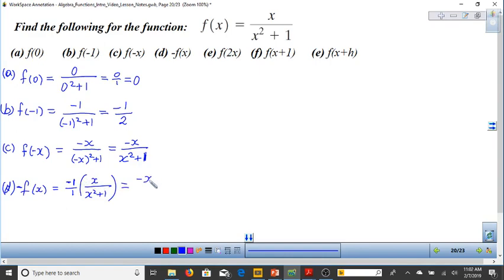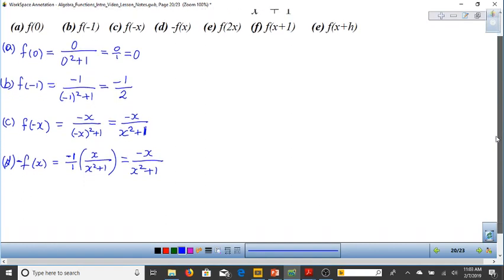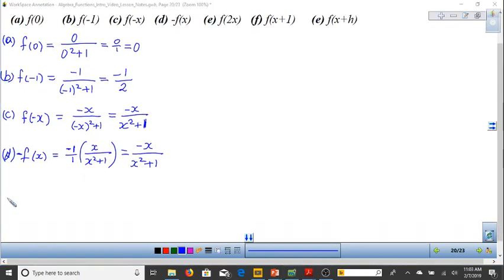So that gives me negative x on top, and the denominator is just x squared plus 1. And so as you see, in this case, f of negative x happens to be the same as negative f of x. When things like that happen with functions, they have a special name. That special name is called an odd function. But we'll deal with that in another lesson.